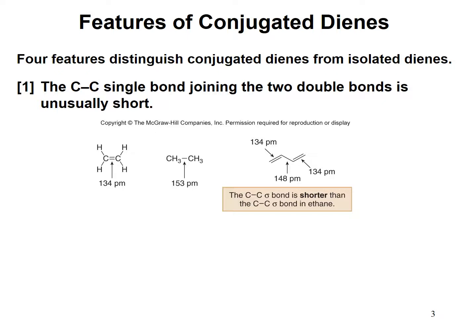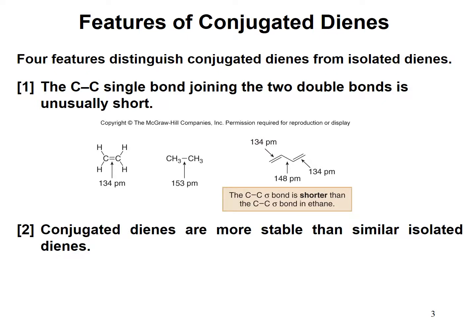If we compare the length, a typical sigma bond is 153 picometers, whereas the single bond between 2 double bonds is 148 picometers, which means it's shorter. And that usually indicates that we have some form of movement between those bonds with the conjugation.